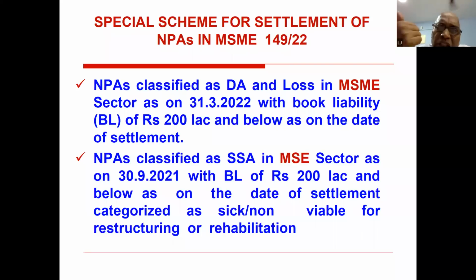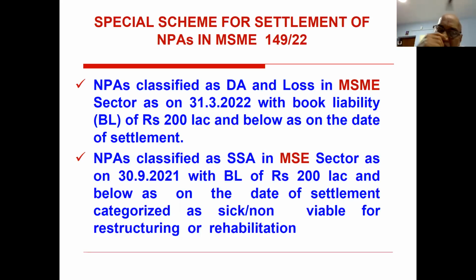So what is the difference between the special OTS and normal OTS? In special OTS, you get some more concession as compared to normal OTS. Differences are there. When we go to the scheme, we will see. If it is an MSE loan, even if it is substandard, it is eligible for OTS under the scheme.